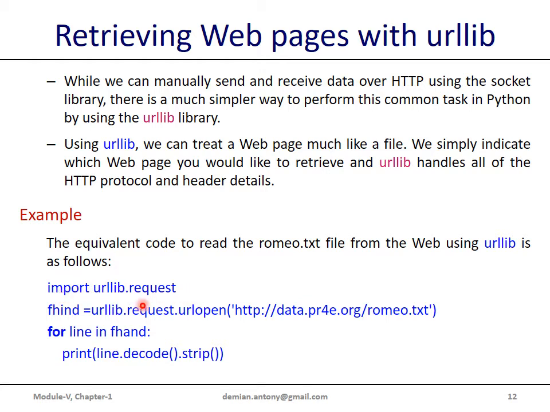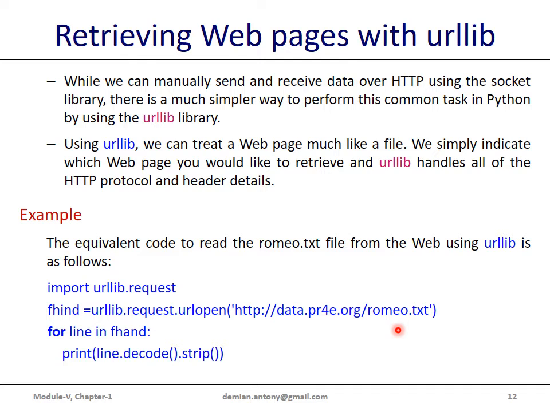So we are sending a request, so we use the request library of urllib, and then we use a method called urlopen, urllib.request.urlopen, and we specify the fully qualified name of the resource. We don't have to specify the address, the port number, or what type of protocol. We don't have to mention that.